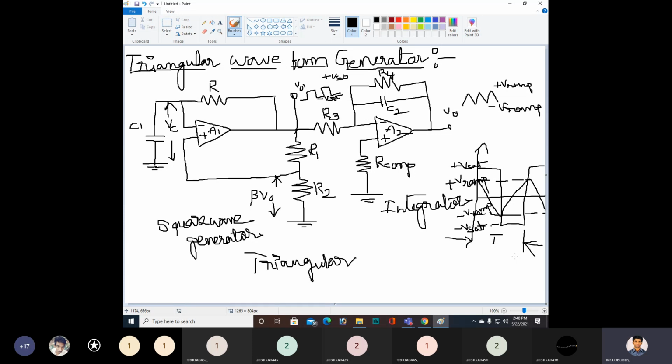The output of the square wave is connected to A1 through a voltage divider R1 and R2.